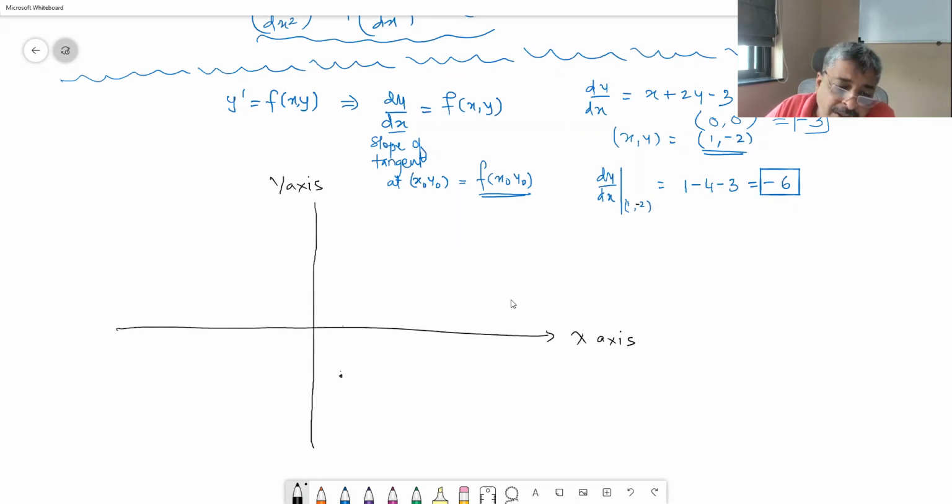So if I draw a small segment here whose slope is minus 6, I will get an idea that whatever that curve is, if it comes here, it is going to be tangent to that segment, so that the slope of the tangent is minus 6 at that point, which is very good. So we will call this XOY plane a direction field.